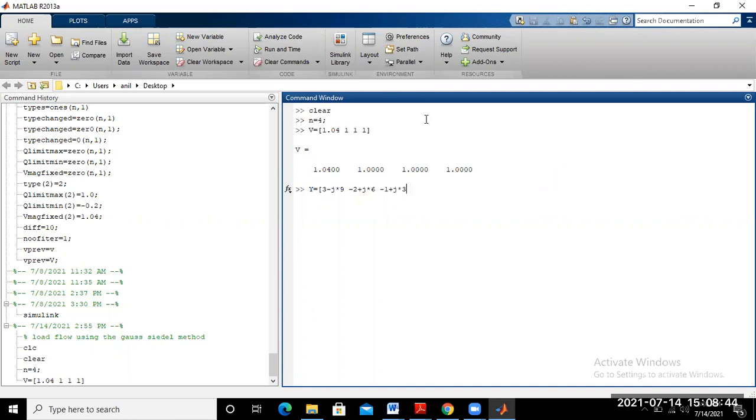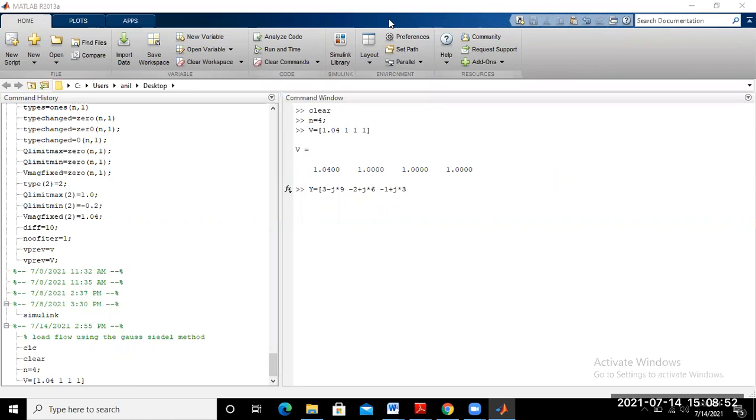What is the order of the admittance matrix for this system? 3 order, sir. How we can represent the order of the matrix? Order of the matrix, that means 2 into 2 or 3 into 3.